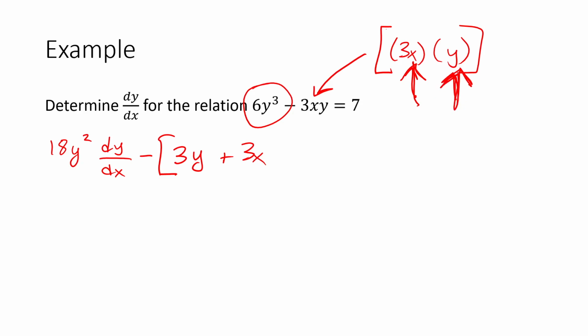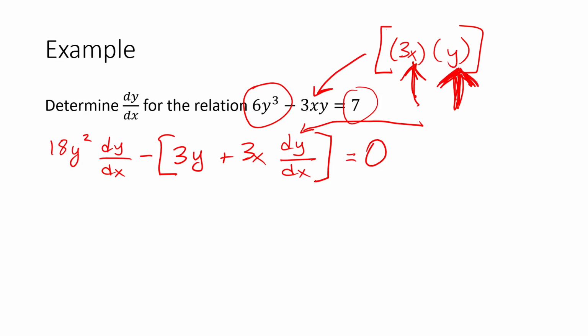This is all with respect to x. So the derivative of y with respect to x is, by definition, dy over dx. And then that's going to equal the derivative of 7 with respect to x, and that's just going to be 0.